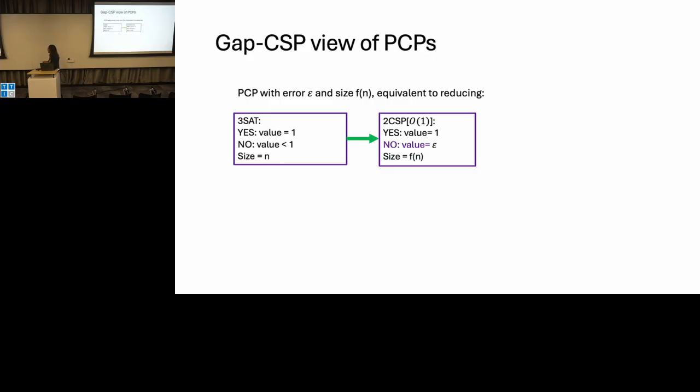And in the reduction, the size blow up is just f of n. So this is our goal, to perform such a reduction, with f of n being n polylog n.